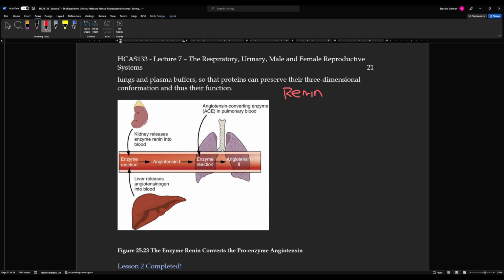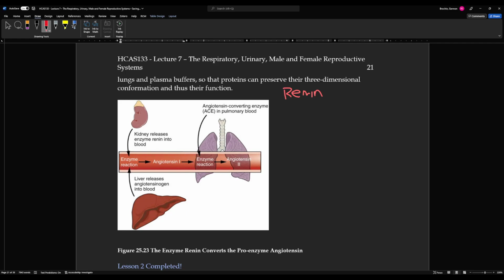Let's say you've got a deep enough cut that you've been bleeding for 2 hours now. You're waiting in the emergency room, etc. The body is going to activate this process in an effort to keep the homeostasis in the proper level of blood volume.